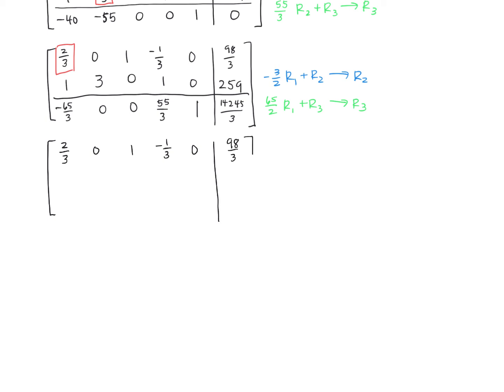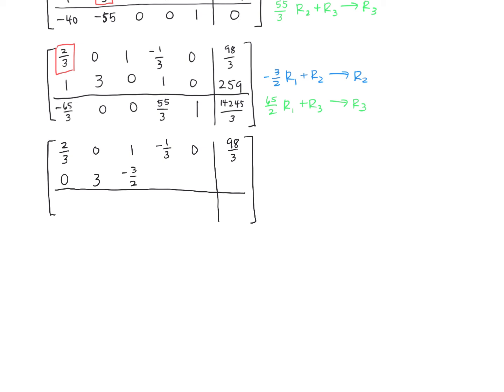Okay, and then row 2. So negative 3/2 times 2/3 is negative 1 plus 1 is 0. And then for the next one, we'll have 0 plus 3 is 3. And then we'll have negative 3/2 times 1 is negative 3/2 plus 0, negative 3/2.